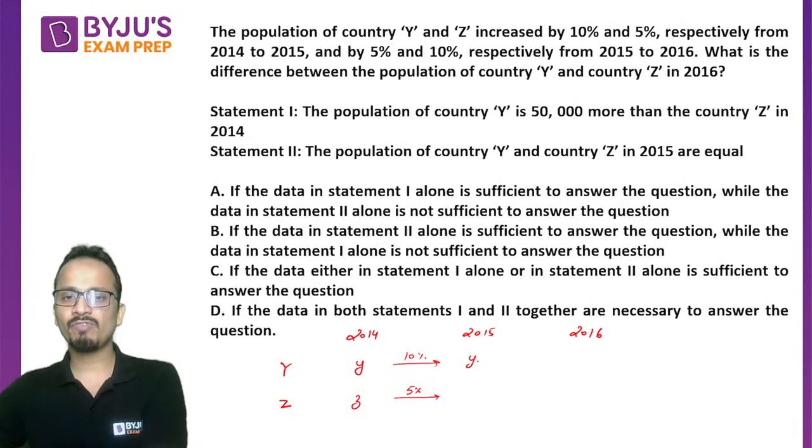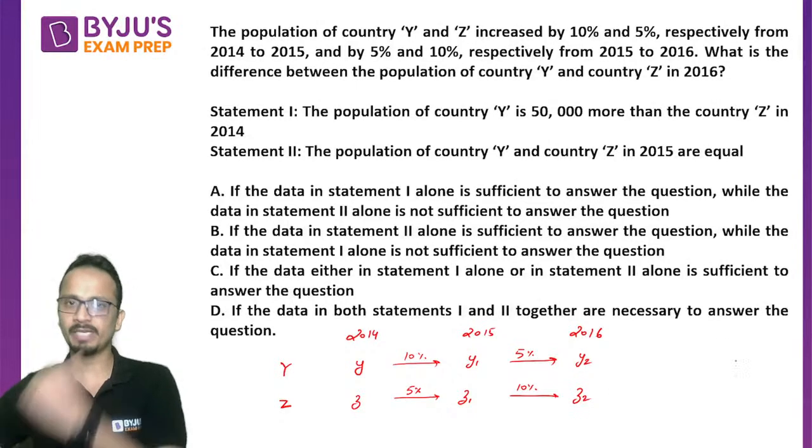Let's say this is Y1 and this is Z1. And then there is an increase of 5% and 10% respectively. So for Y, there is an increase of 5%, and for Z, there is an increase of 10%. So getting the values Y2 and Z2 respectively.